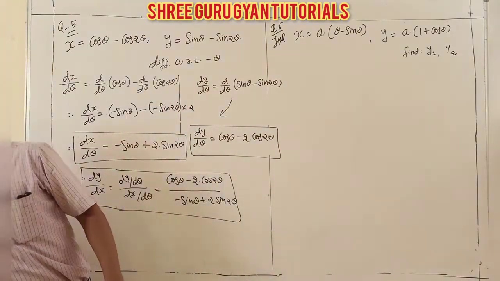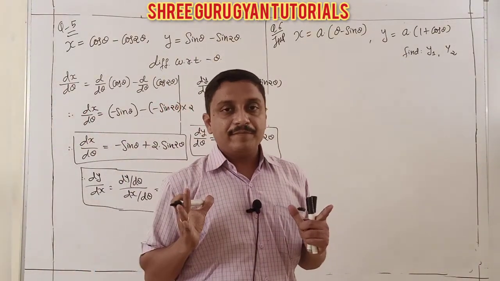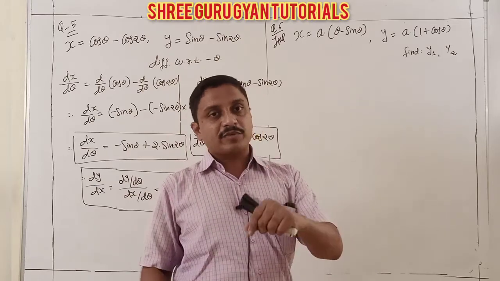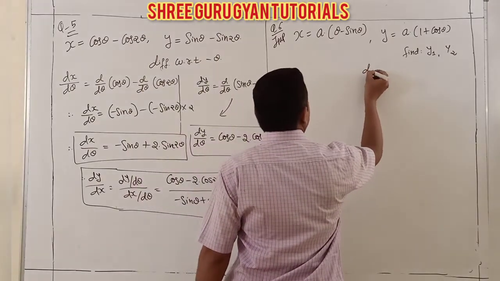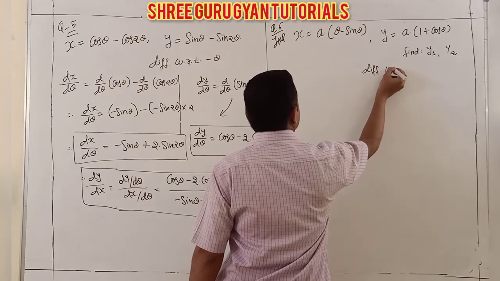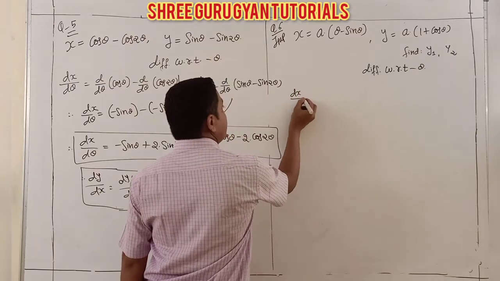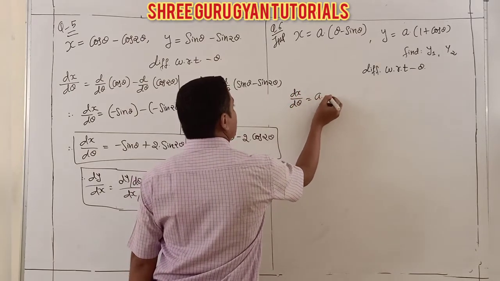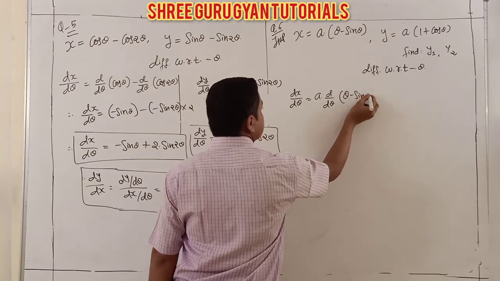Yes, same is going. First of all, with respect to theta, dy by dx ready, and after that with respect to x, then y2 ready. So slowly start differentiation with respect to theta, dx by d theta, a constant, d by d theta of theta minus sin theta.